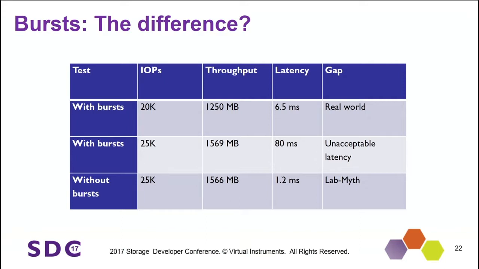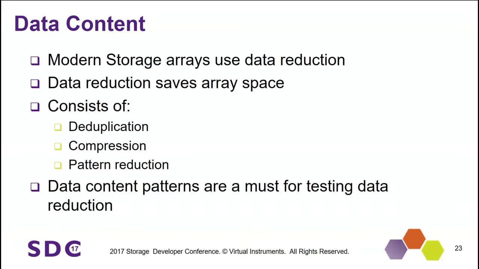With bursts at 25K IOPS, the throughput jumped up slightly, but hugely increased the latency. Unacceptable. And without the bursts, we're seeing 25K, just like we were seeing with bursts, but we're seeing 1.2 millisecond response time, which is a myth, but which is oftentimes published. So bursts matter. Okay, any questions about that before I go on?